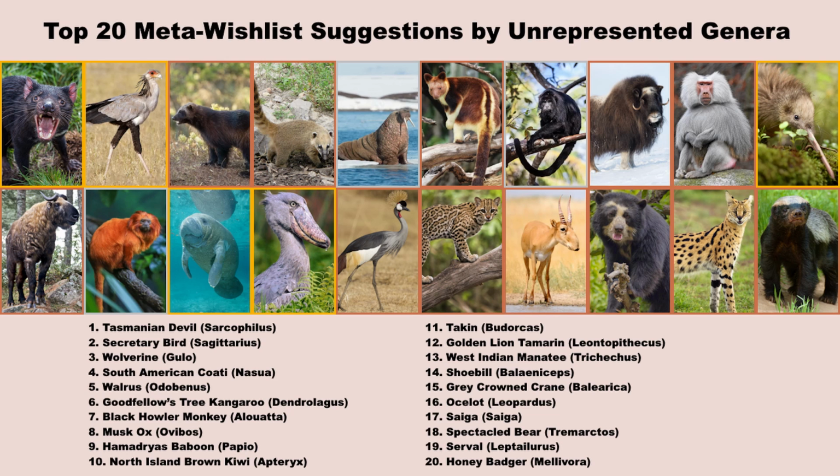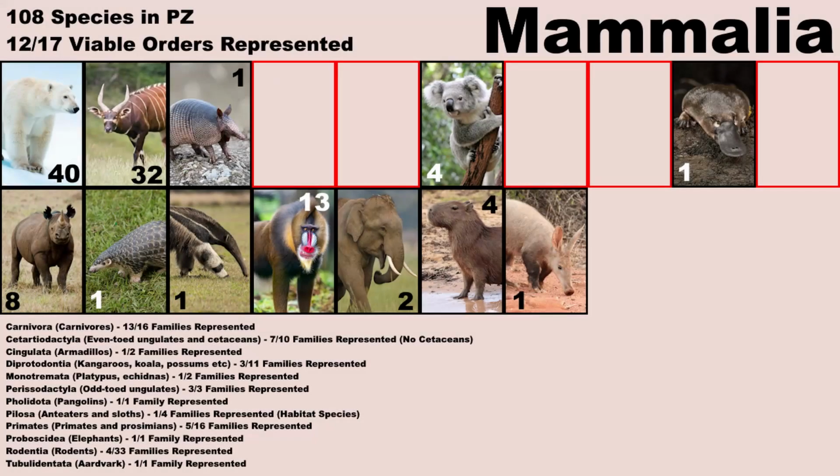Has that nostalgic Zoo Tycoon thing that we talked about in the last video too, so I think honey badger wouldn't be a bad addition. But if we look at the number of all the orders that we already have, and we have so many carnivores, then it's kind of a shame to get that many more.